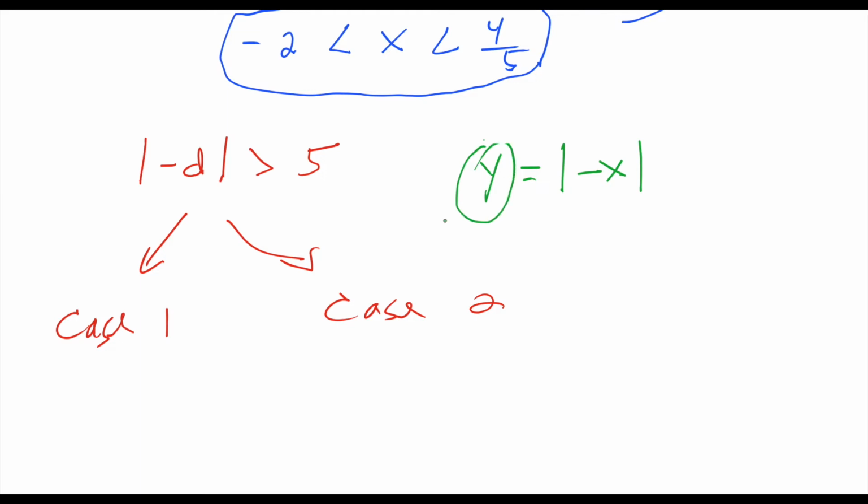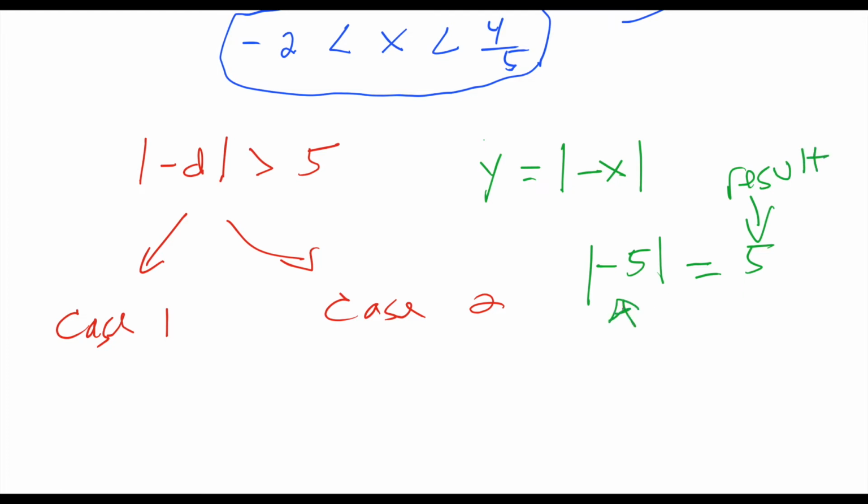What is the absolute value of negative 5? It's 5. So that's the result. That's still negative 5, but once you apply the absolute value to it, the result is 5. We didn't change this part. That's still the input. The input is still negative 5. The output is 5.